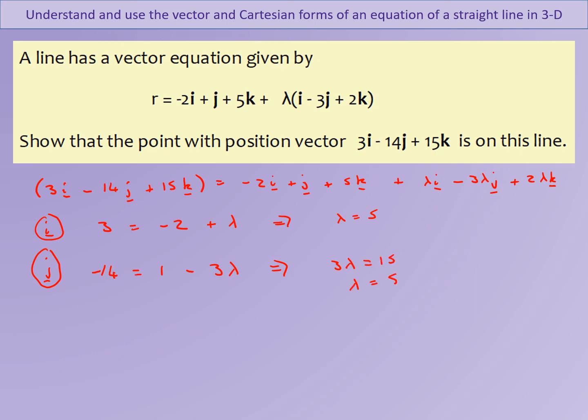So lambda is 5. And finally, considering the k direction, we get 15k on the left equals 5k, and then 2 lambda k, so 5 plus 2 lambda. Here we arrive at 2 lambda equals 10. So again, lambda equals 5. So we've got the same consistent value of lambda in all 3 directions. So we can conclude that the point lies on the line.